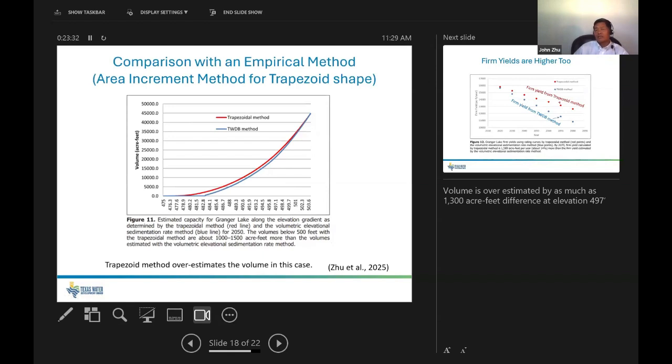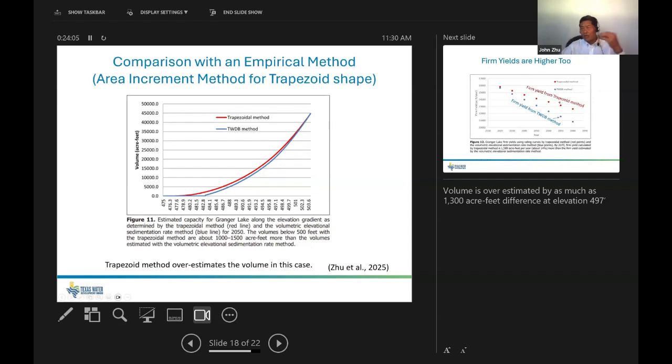I think it is highly interesting to compare our method with the popular empirical method. So we use one of the methods, the area incremental method for trapezoidal shape. The red line is the projected reaching curve for Lake Granger for 2050.